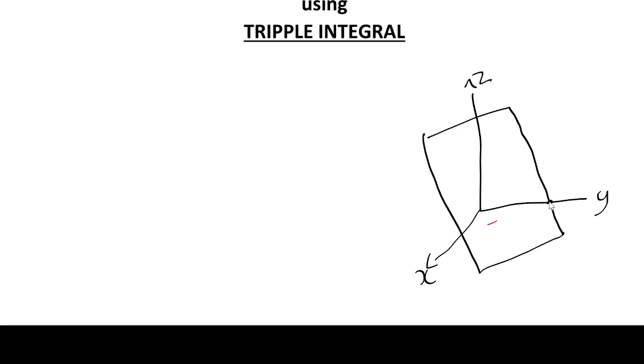This is the point of intersection with the axes. The point of intersection with the z-axis is (0, 0, c), the y-axis is (0, b, 0), and the x-axis is (a, 0, 0).